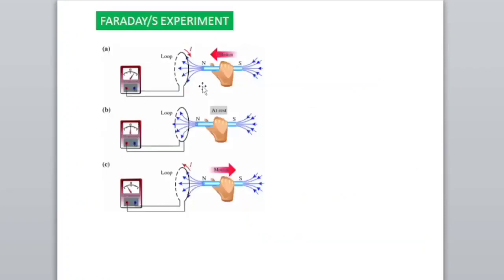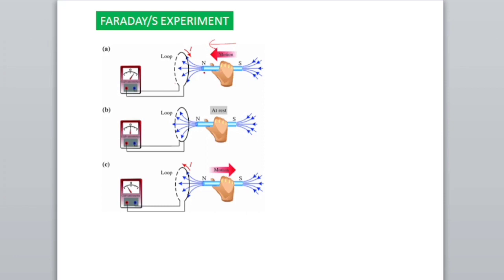Faraday did a number of experiments. In all these experiments, Faraday found that whenever there is a relative motion between the magnet and the coil or conductor, an EMF is induced, and if the circuit is closed, current is produced in the coil. How? Suppose this is a circular coil and this one is a magnet, and the magnet is moving towards this coil. You know, around this magnet, magnetic field lines are there.